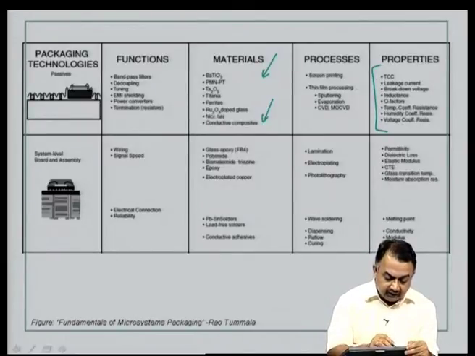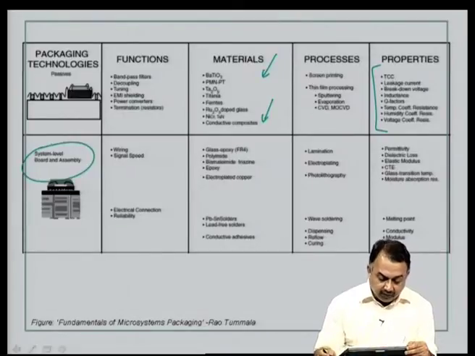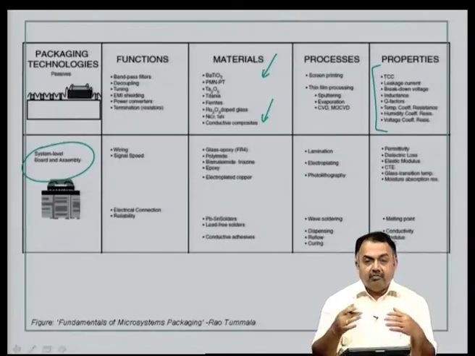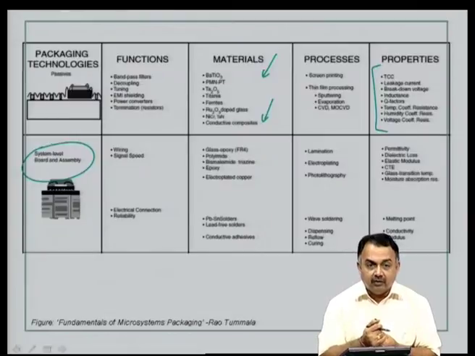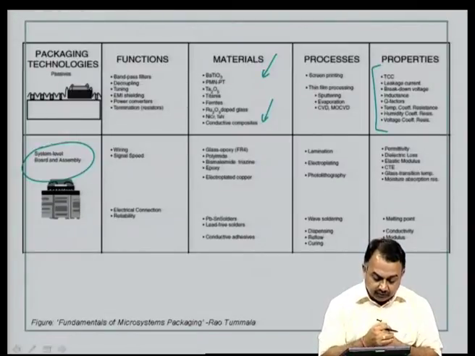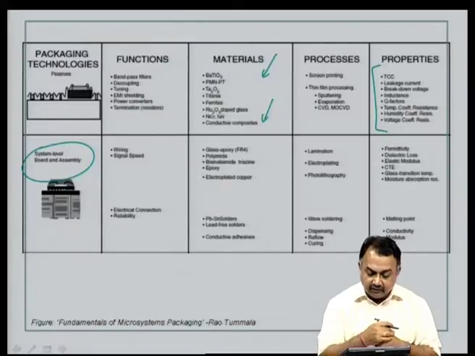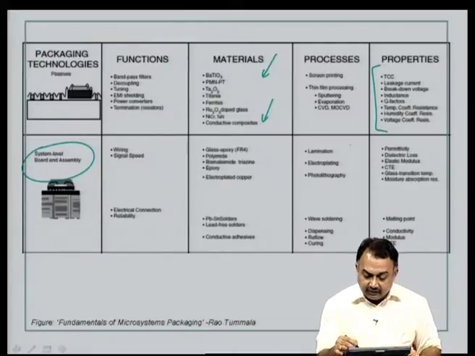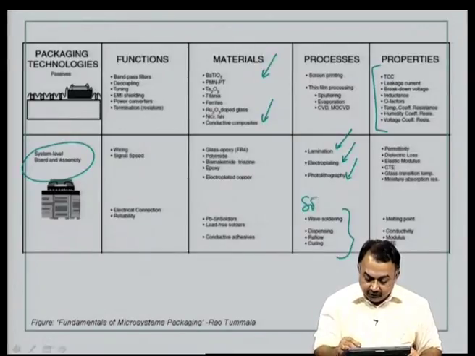Now, finally, at the system level also they are very important, because when you talk about building system level printed wiring board, here again the key issue is what kind of organic substrate you can use, what kind of reliability issues you will get with processes like lamination, electroplating, photolithography, soldering processes, very key, and we have spent a lot of time on soldering processes.